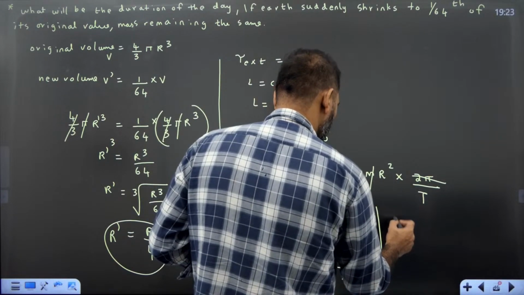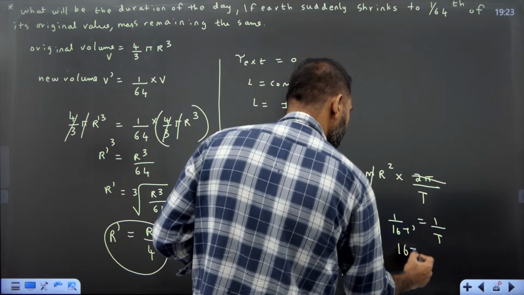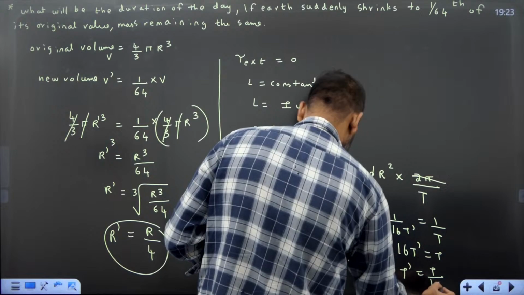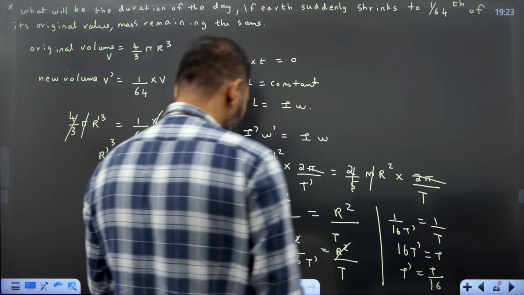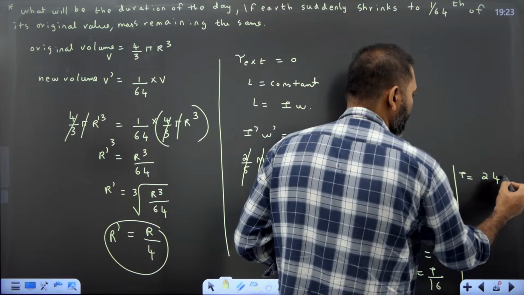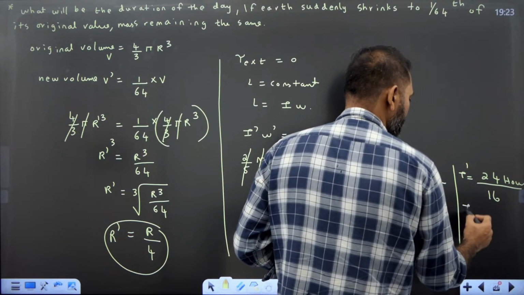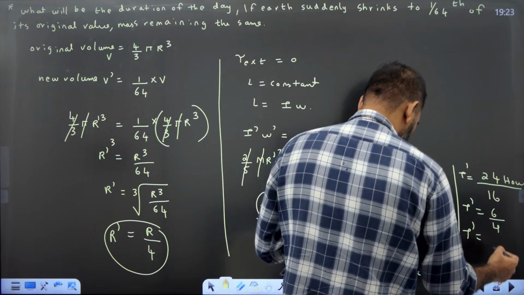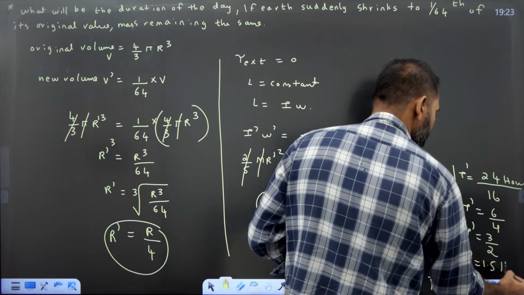So, 1 by 16 t dash is equal to 1 by t. So, 16 t dash is equal to t. So, t dash is equal to t by 16. What is the original time period? 24 hours. So, new time period is 24 hours by 16, which is 6 by 4, which is 3 by 2. So, new time period of Earth is 1.5 hours.